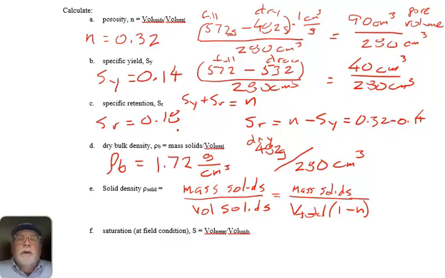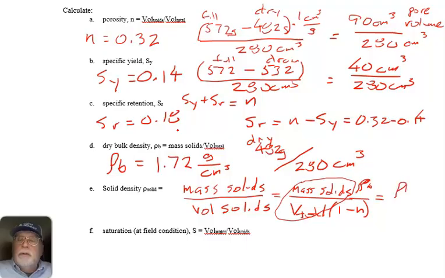Again, if porosity is 32% spaces, then 68% or 0.68 fraction is going to be solids. And actually, the mass of the solids over the total volume is what we just calculated. That's the rho B, the bulk density.